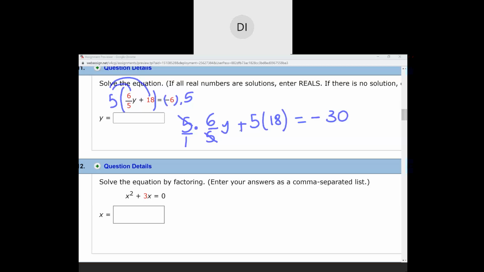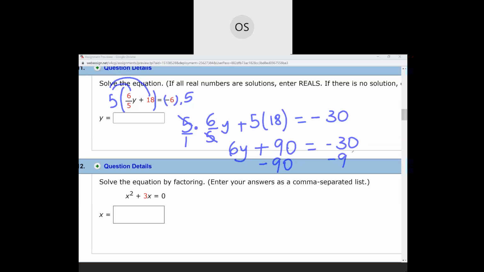So we are left with 6y plus 5 times 18, which is 90, equals negative 30. Do you know how to solve this? You subtract 90 and then divide both by 6.